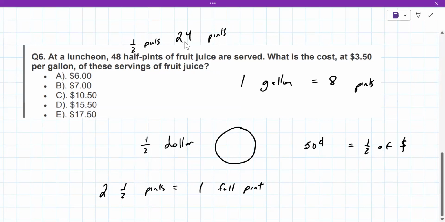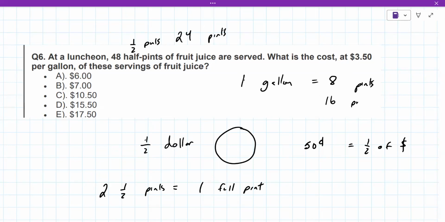Okay. So we need the actual number of pints, because like you were asking, it's talking about per gallon, and we need to know how many pints are in a gallon. We know that there are 8 pints in a gallon. So if you can just accept right now that it's 24 pints, how many gallons is that? 8 pints is 1 gallon.